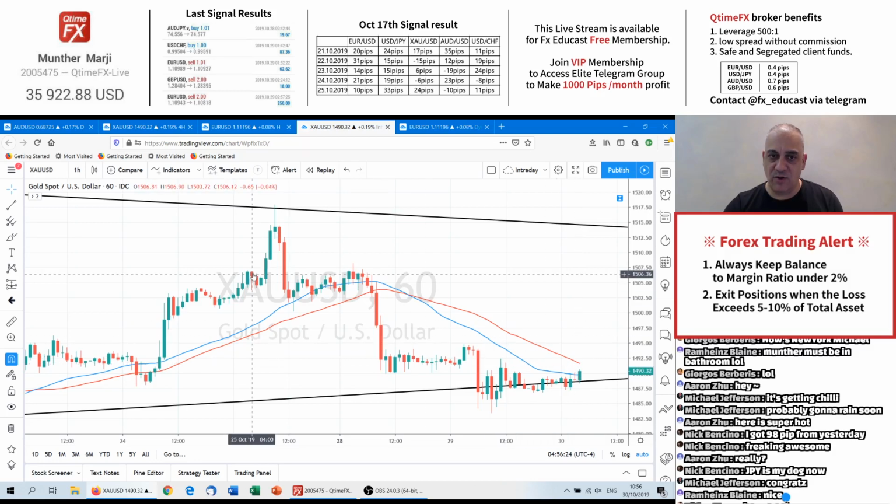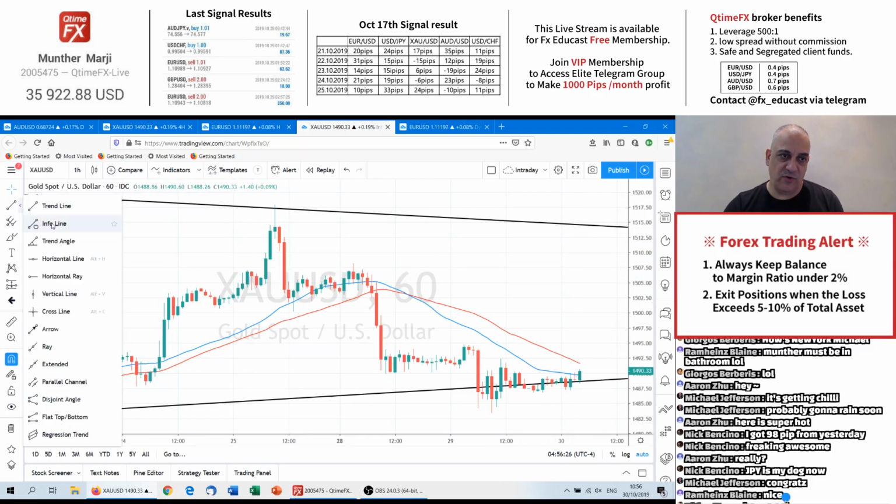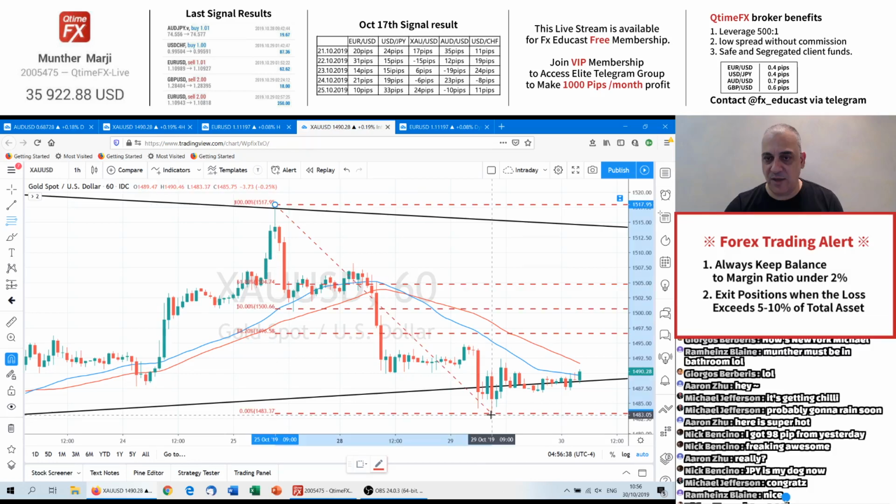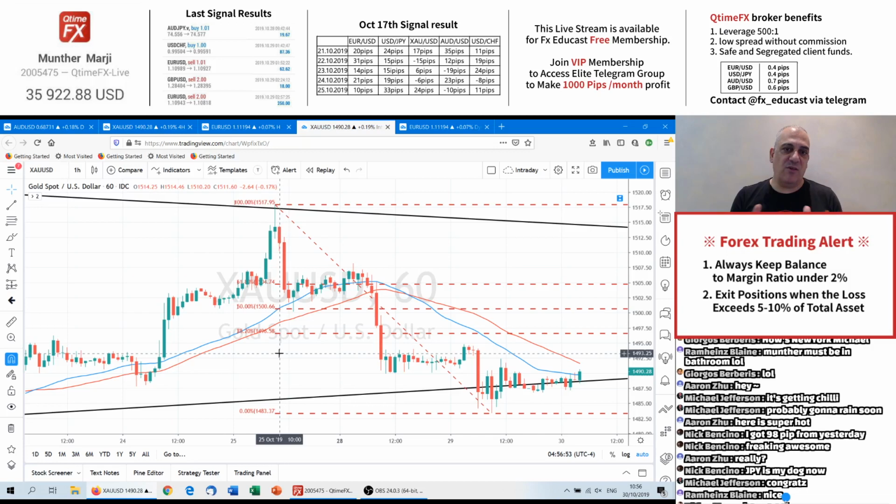This is our initial resistance for today, but even breaking 1491.7 to the upside, it's not a major level, so we cannot say that, wow, we traded above 91, that means we're going up 300 pips. Of course, that can happen, but it's not a major resistance that we should expect this to happen from.